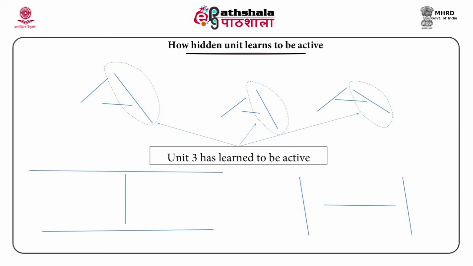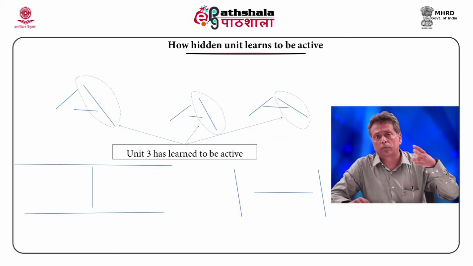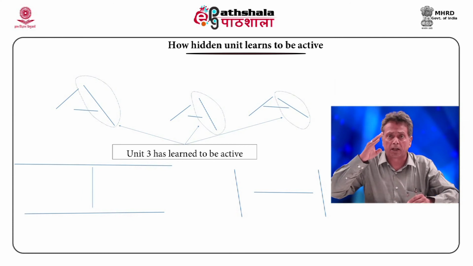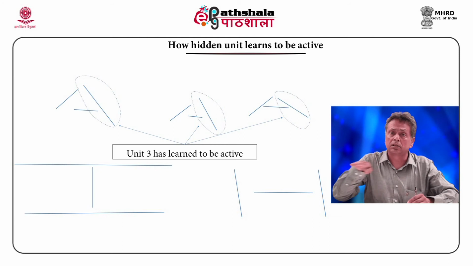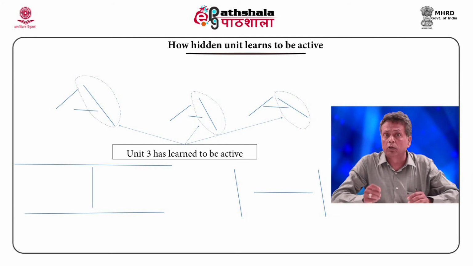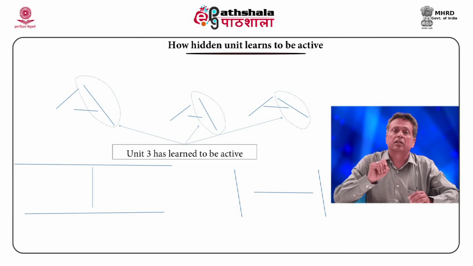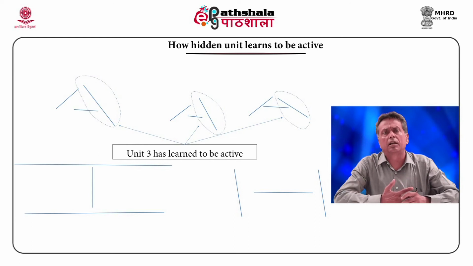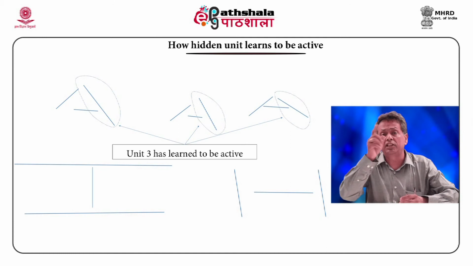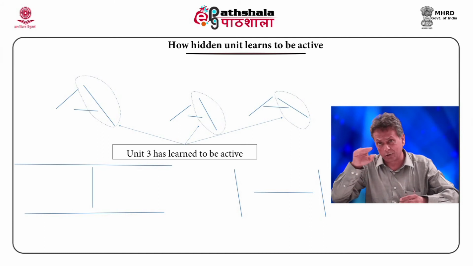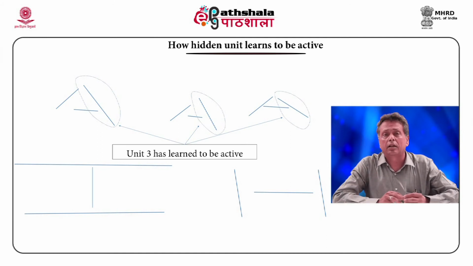Let me recap; this part is pretty important. We have 3 units: one learns to become active when there is a slanting line moving from left to right up, another for the slanting line which moves from left to right down, and the other one which is horizontal. Every unit learns to pick up this feature and become active. There are many other cases, for example, in case of G, you also have a horizontal line.